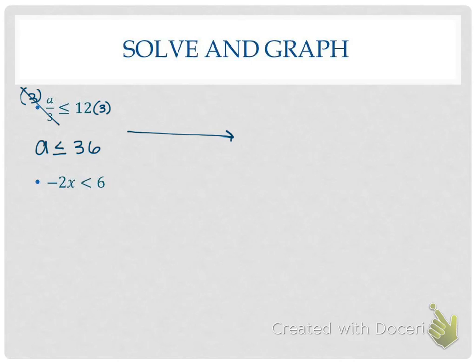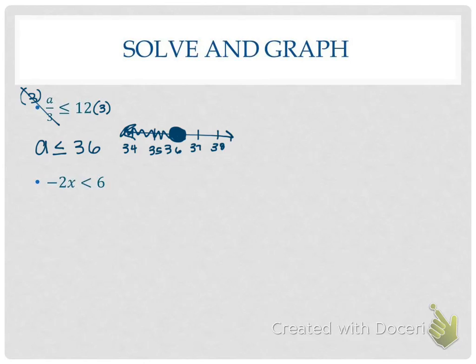I draw my number line. What type of circle am I going to have? Open or closed? Closed over 36. And then which direction am I going to shade? To the left because it's every number smaller than 36.